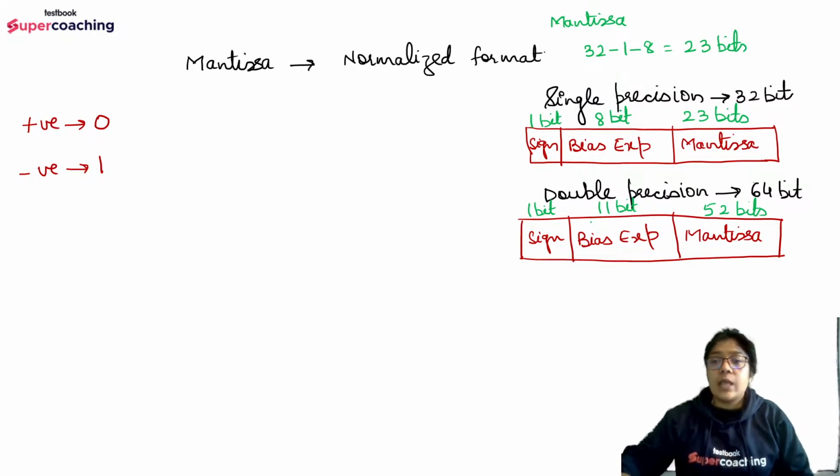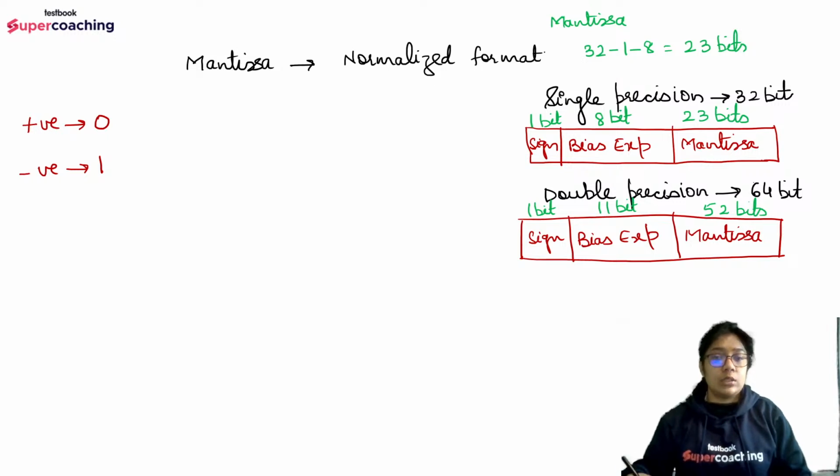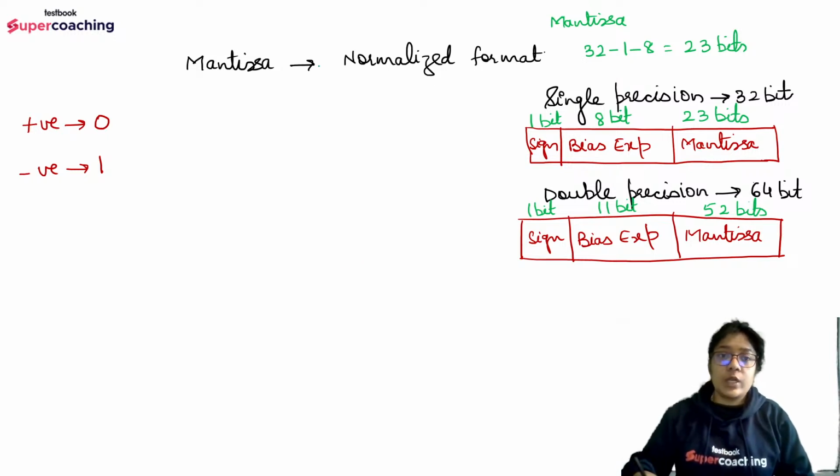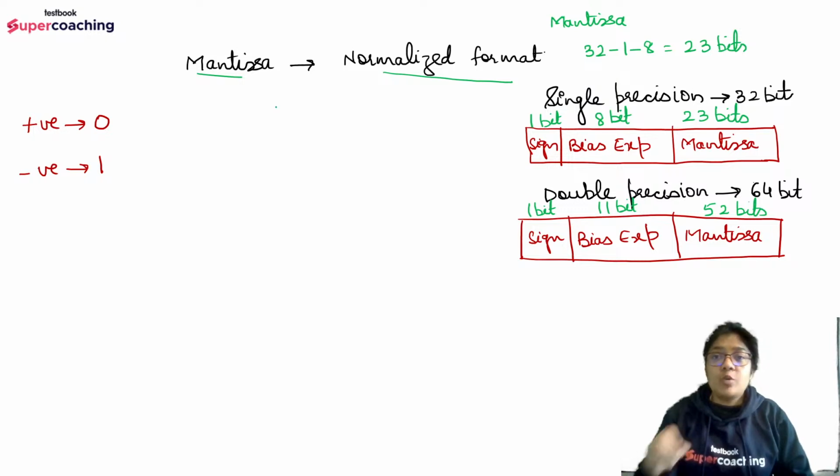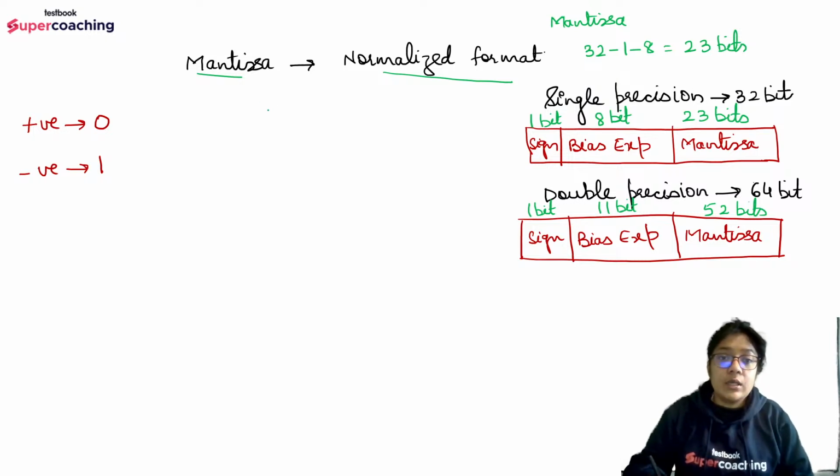Okay. अब यहाँ पे दो fields आ रही है, biased exponent and Mantissa. Let's understand that how to calculate the Mantissa or the biased exponent. So Mantissa is always represented in the normalized format. किसी भी नंबर को हम normalized format में तब बोलते हैं when you have adjusted the decimal को इस तरीके से adjust किया है कि decimal से पहले आपके पास एक ही digit आ रहा है, that is 1.